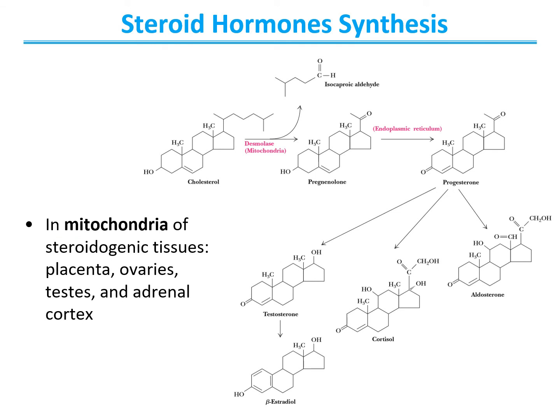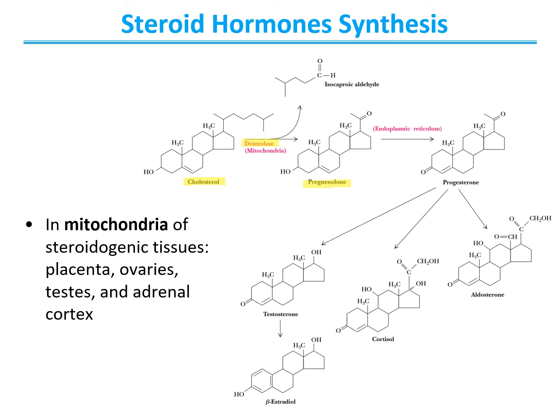So a similar diagram, more or less the same information, but one important thing is added in this one, which is the conversion of cholesterol to pregnenolone, done by this enzyme desmolase. So this enzyme is very important, which converts cholesterol to pregnenolone.